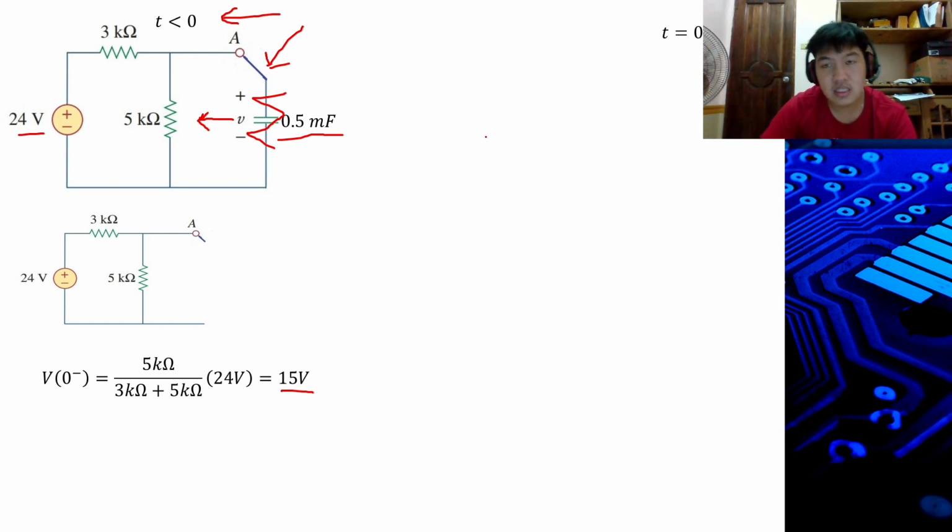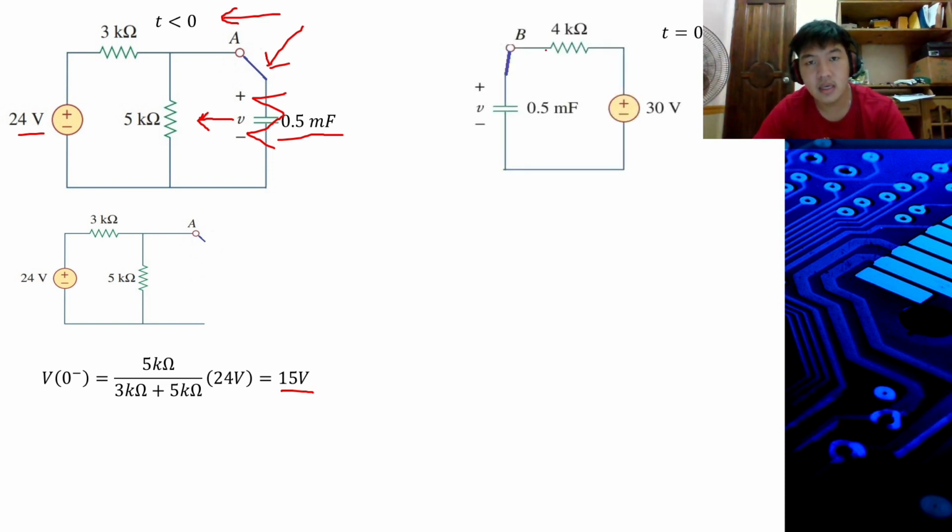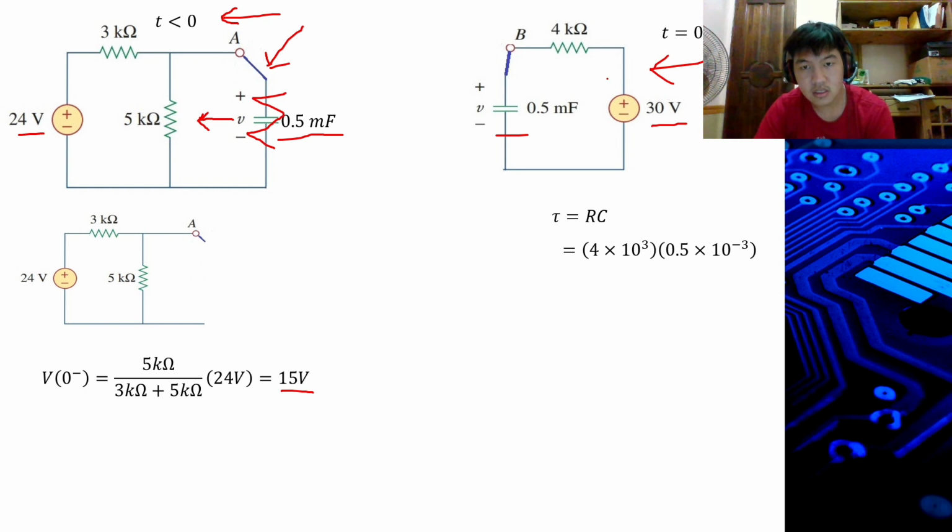At t equal to 0, the switch is at B, so the circuit has a 30 volt source and a 0.5 millifarad capacitor. To find the time constant, R is 4 kilo ohms and the capacitor is 0.5 millifarad, so 4 times 10 to the power of 3 times 0.5 times 10 to the negative 3 is equal to 2 seconds.